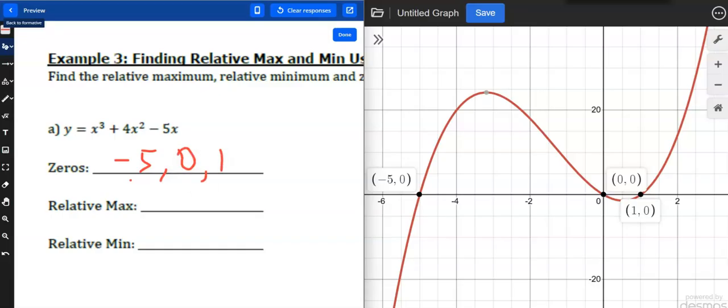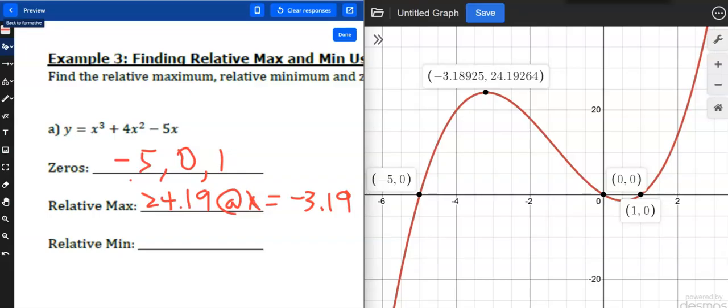And then they asked me for relative maxes. Oh, okay. All right. So we got 24.19 at x equals -3.19. And relative mins, well, there's got to be one in here somewhere.